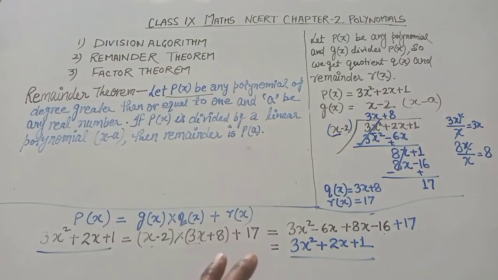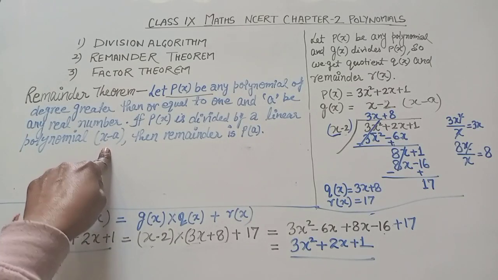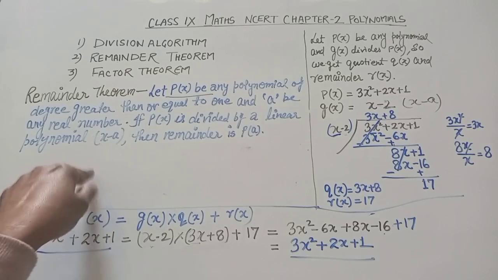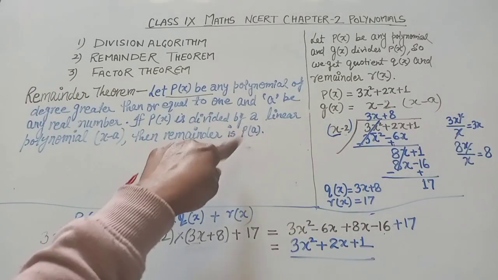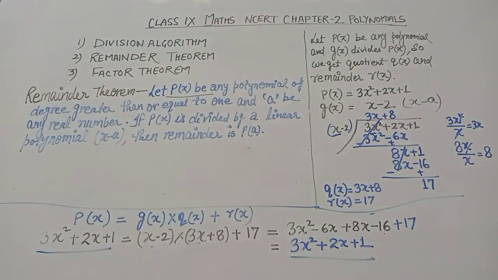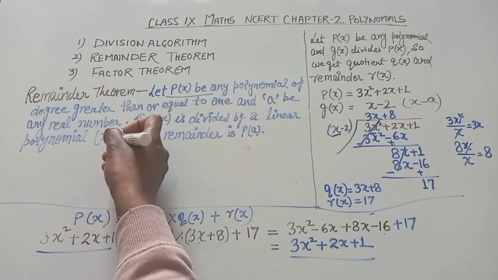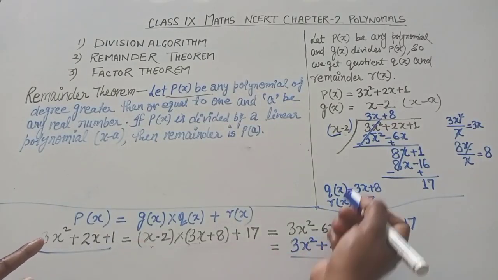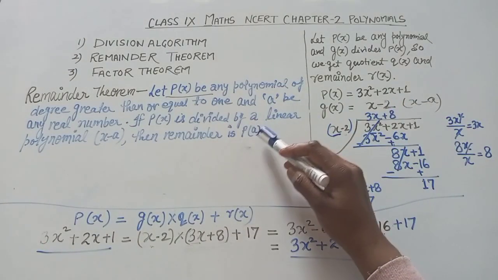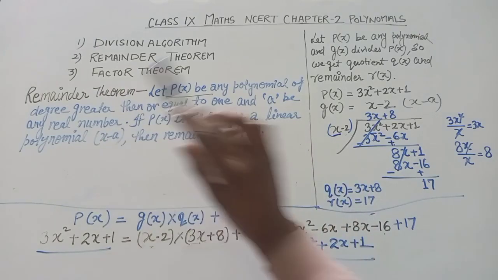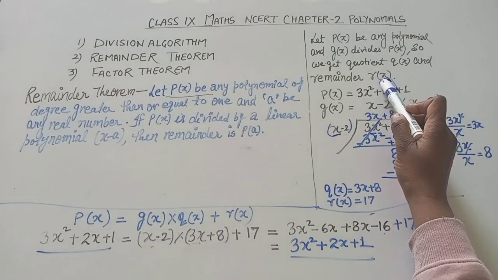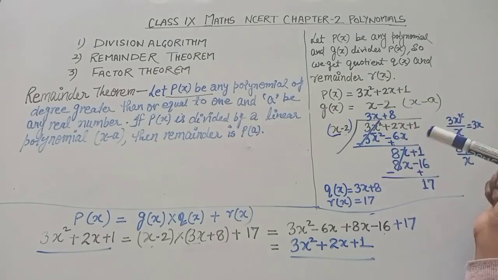If p(x) is divided by a linear polynomial x minus a, a should be a real number, then the remainder will be p(a). Let's discuss. It means whatever value of a is given, we will put it in place of x in the whole polynomial, and that gives my remainder.